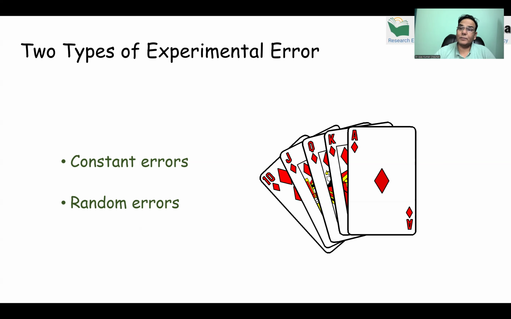So this error will be throughout the experiment and will disturb your outcome. Random errors means which is not predicted earlier but happens in between, like death of a patient, fluctuation in the voltage, fluctuation in the environment, or fluctuation in the human behavior. So maybe a random error.